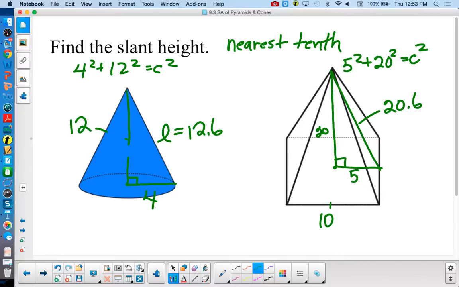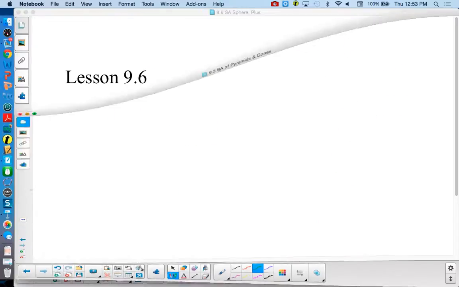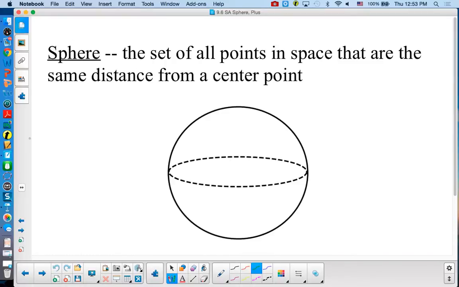All right. The other shape is the sphere. And a sphere is a three-dimensional shape. It's not a flat circle, it's a three-dimensional circle. So it's like a ball. Sphere: a set of all points in space that are the same distance from a center point.